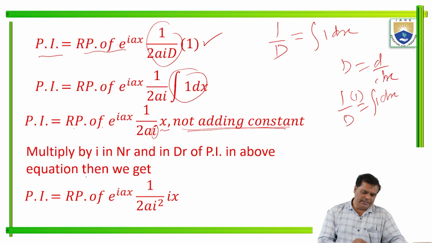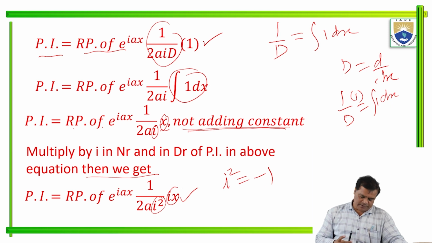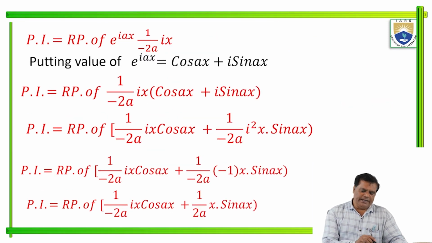Then what happens when we multiply by i? We get ix in the numerator, and in the denominator we get i square, but i square is minus 1. So PI equals RP of e to the power iax and minus 2a into ix.